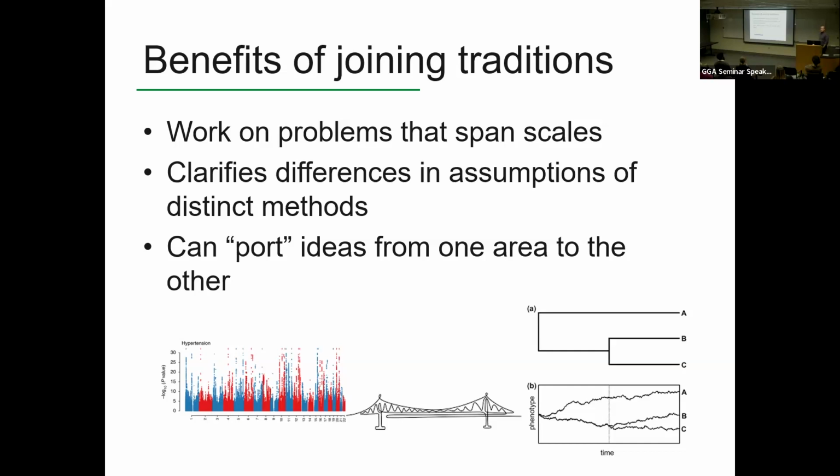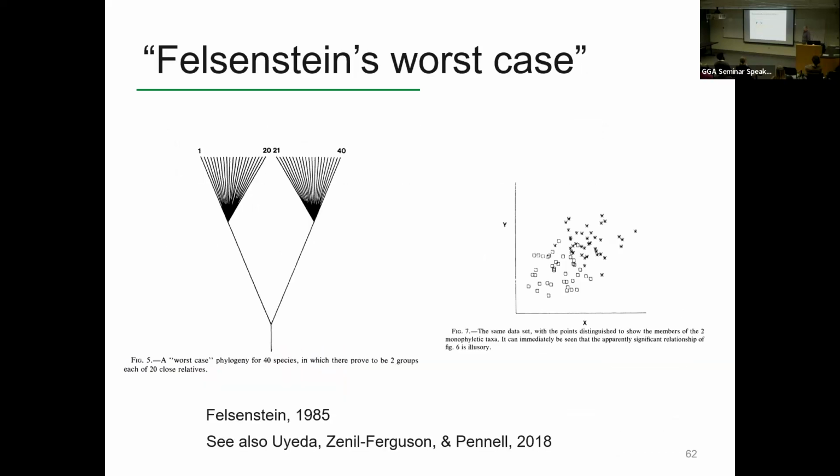So just to illustrate what I mean by that, I'm going to talk about Felsenstein's worst case briefly. This is a super well-known paper among anyone doing phylogenetic comparative methods, where Joe Felsenstein considers a problem where you've got a hypothetical species tree with basically 20 closely related tips in each of two clades that are long separated.